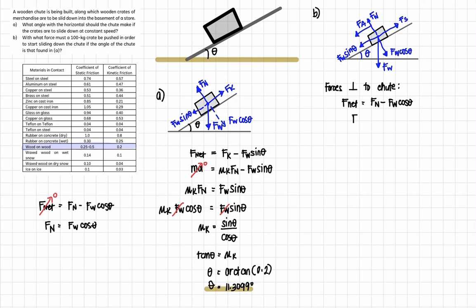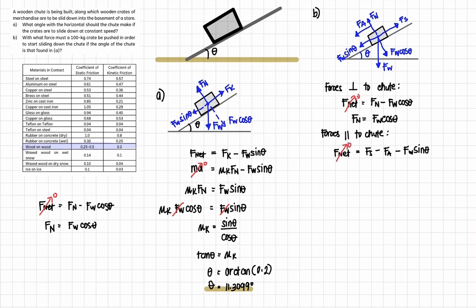Because that's 0, Fn equals Fw cosine of theta. Then forces parallel to the chute. F net is equal to all the upward forces, that's the static friction, and all the forces going down, the applied force Fa minus the component of Fw, which is Fw sine theta. Still, the net force is 0.